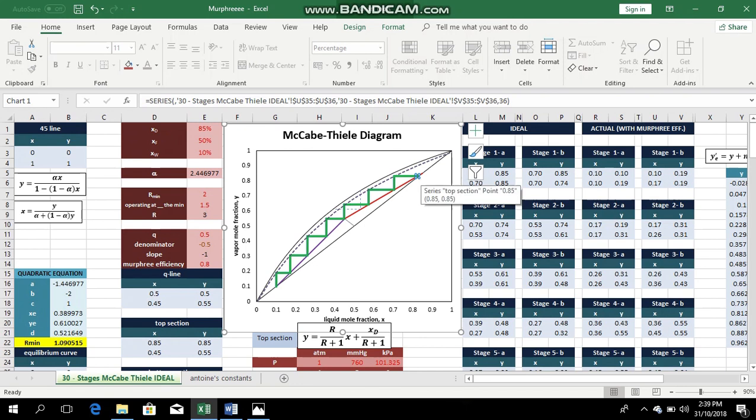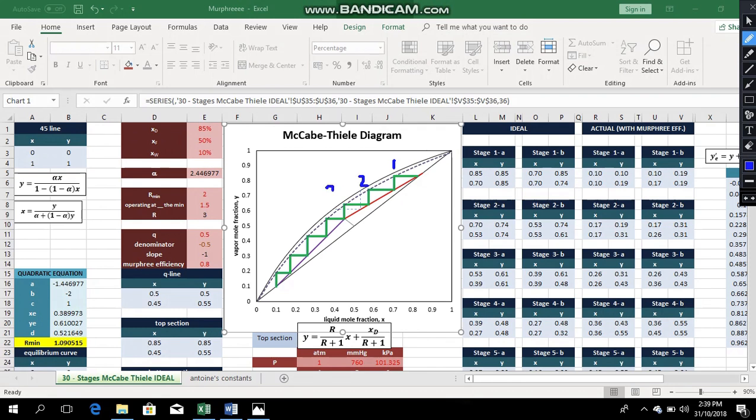We'll exclude the condenser, so 1 is 1 stage. Here, number 1. This is number 1. This is number 2. Number 3. Number 4. Number 5. Number 6. These are the stages.